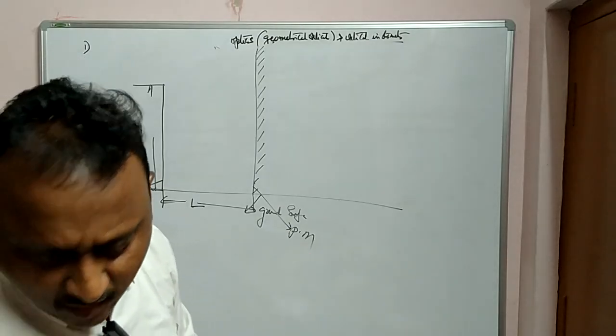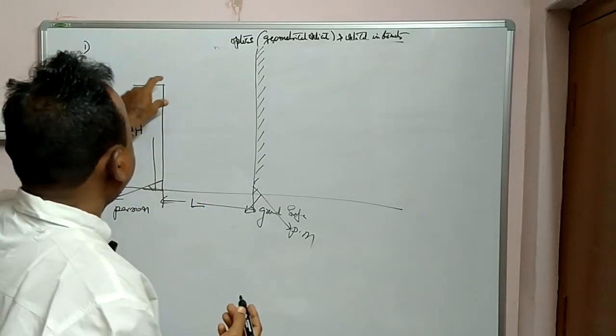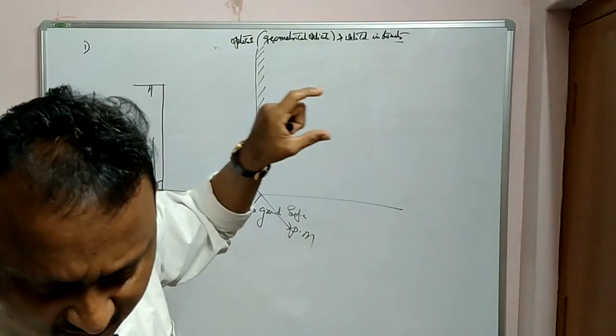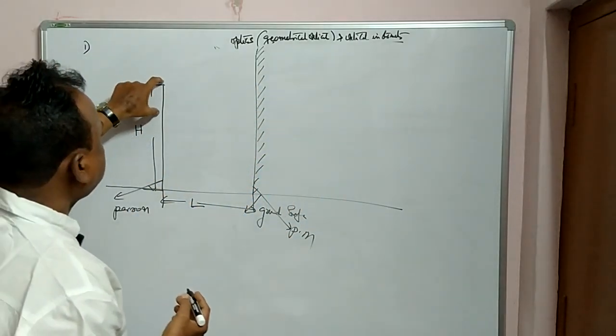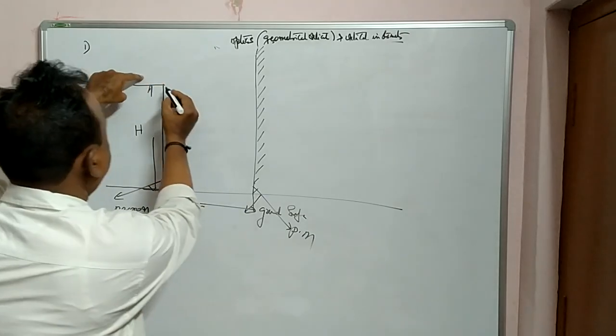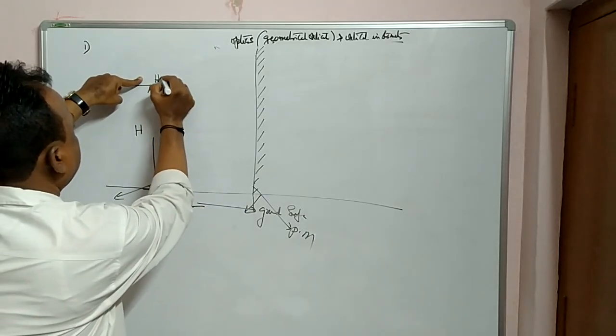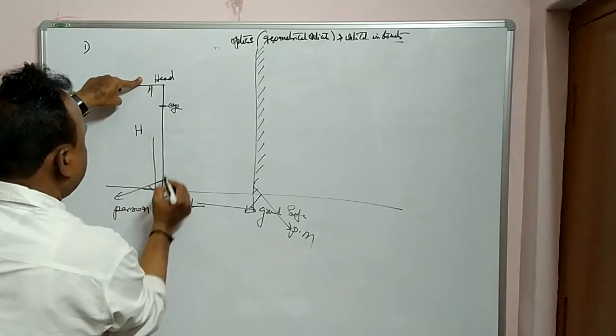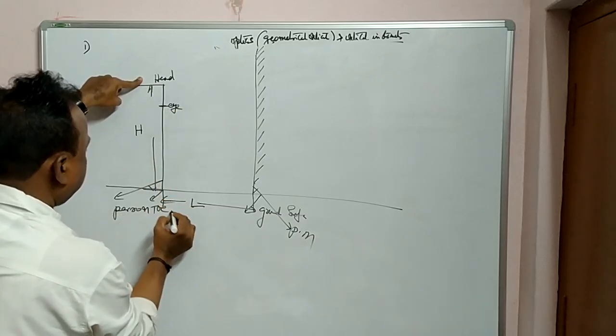Okay? Now the question is, if this person has to see his entire image, from here, for example, this is the head, this is the eye, this is the toe, feet.